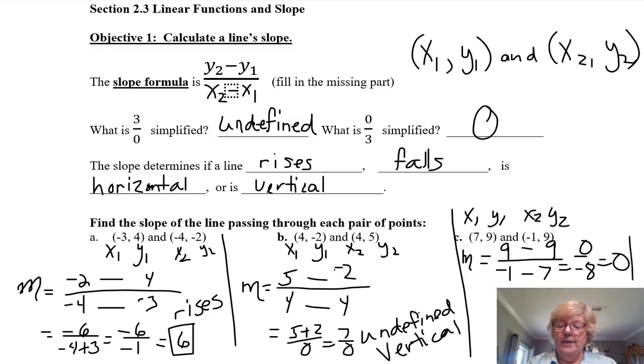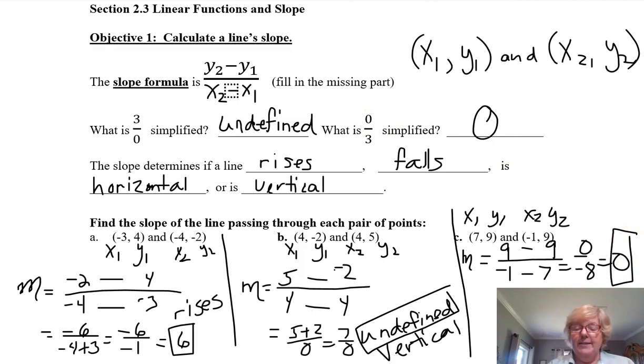Now 0 is the answer, okay, as compared to the undefined in the previous answer. Anytime 0 is on top, it is 0 as the answer. What type of line has a 0, straight across slope? Zero slope always occurs when you have a horizontal line. So that's how you'll know what has a zero slope.